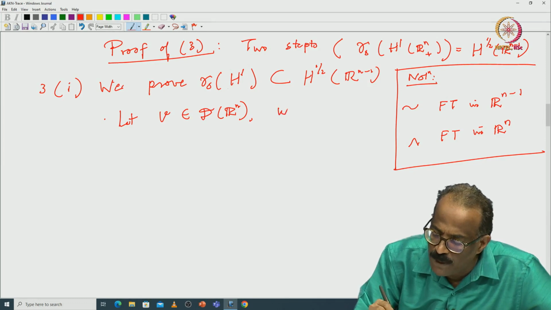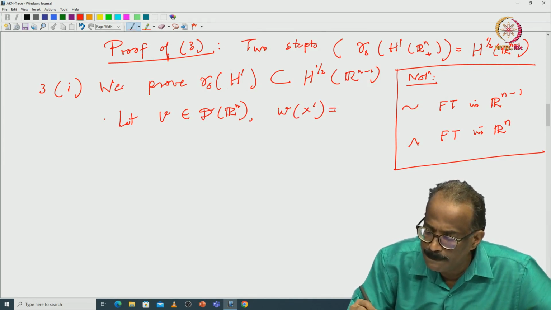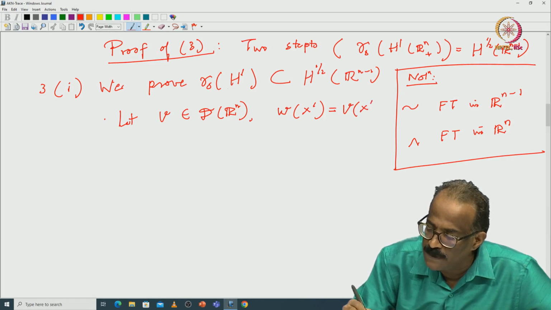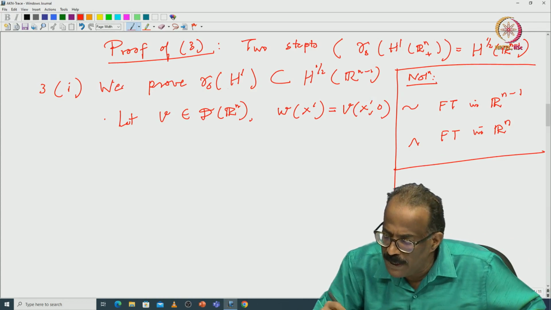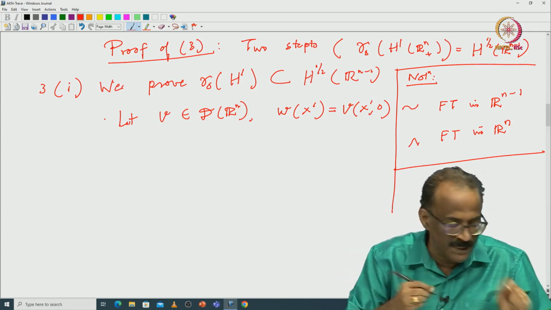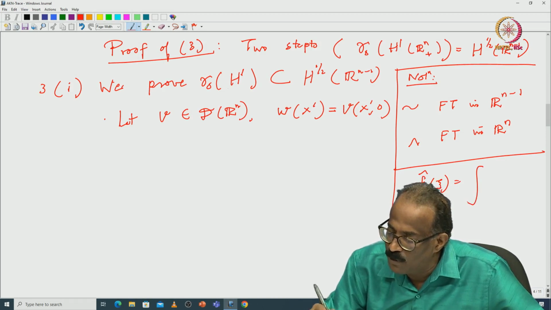So, you put W of x prime is equal to V of x prime 0. Okay. So, for me the definition, the constants I have calculated, I used this Fourier transform. If you are using any other notation, I did not put any constant anywhere.